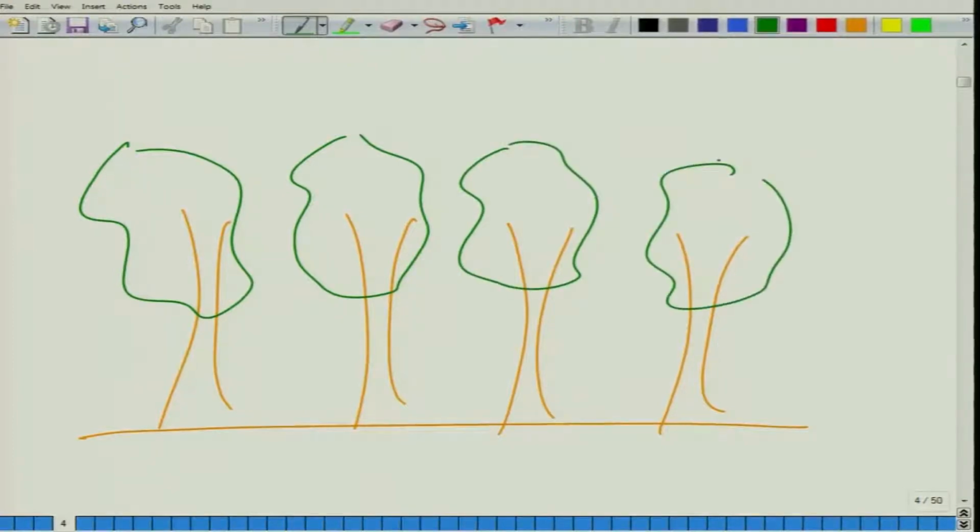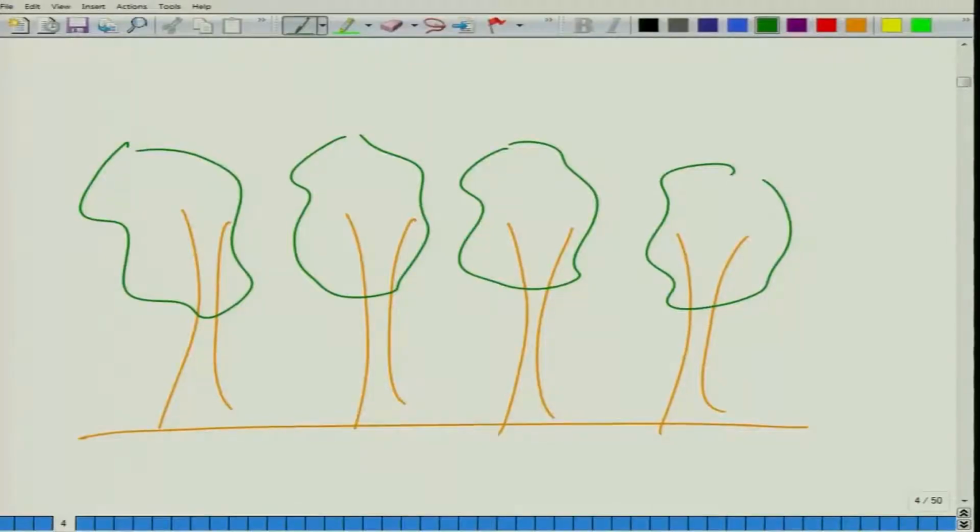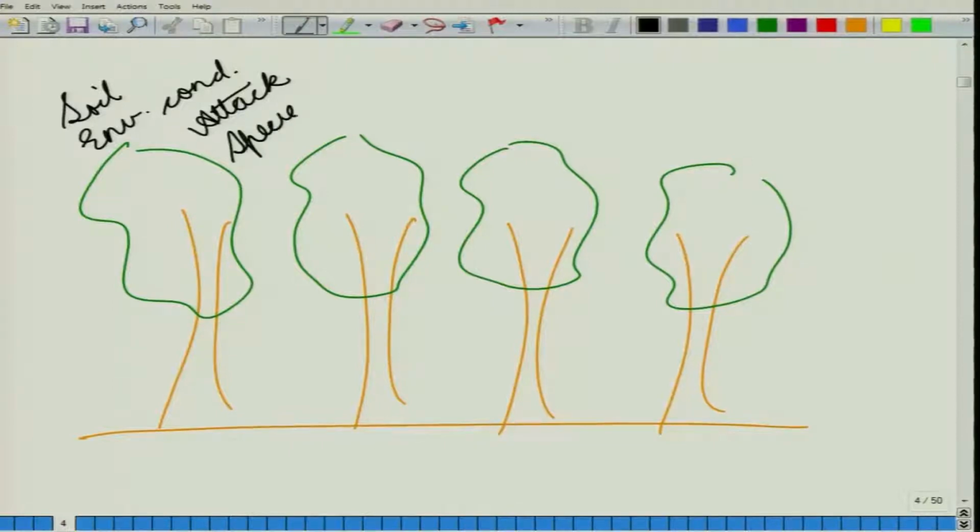If you consider one location, then there might not be a very great difference in the form factors of all these trees, because essentially all these trees have been subjected to the same soil, the same environmental conditions, maybe the same levels of attacks by pests or insects or diseases, if all these trees are of the same species, have the same surroundings, and probably the same age.